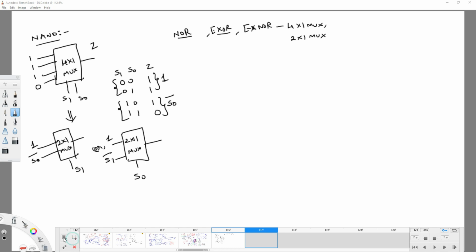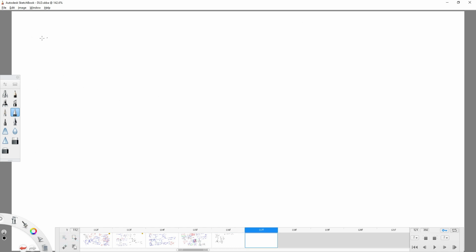Now with these examples, I can say that a multiplexer is functionally complete. As I am saying that a multiplexer is functionally complete, can I derive any kind of Boolean function? Yes, I can implement any kind of Boolean function.